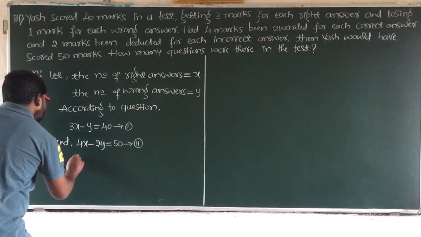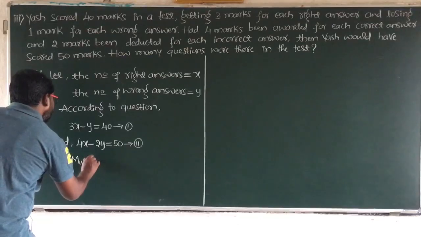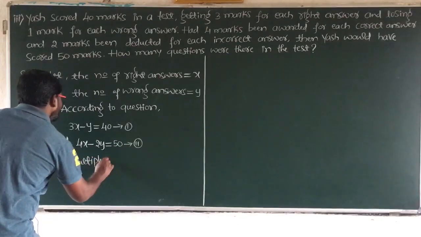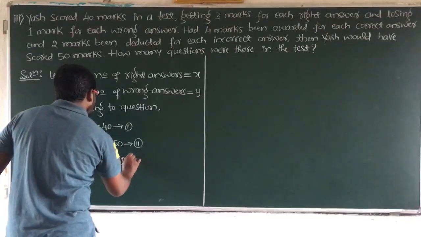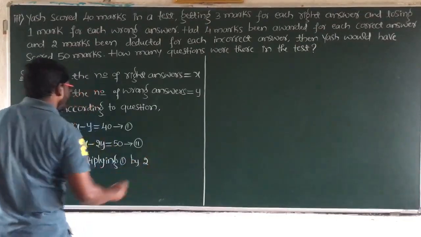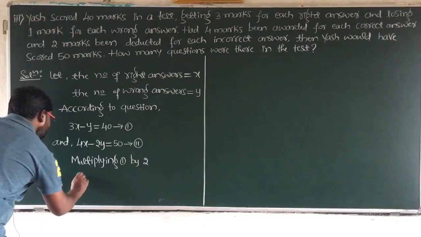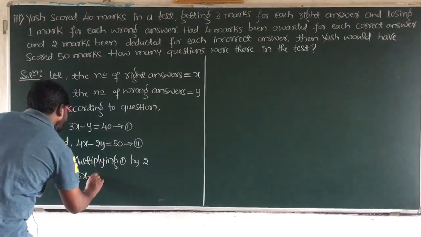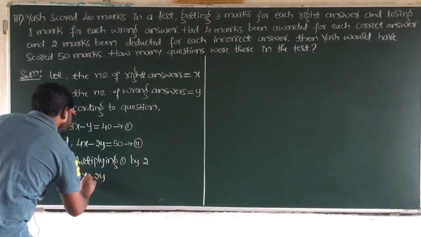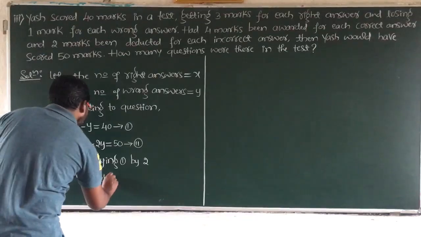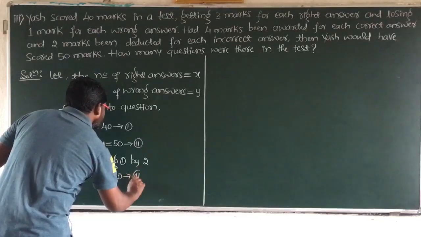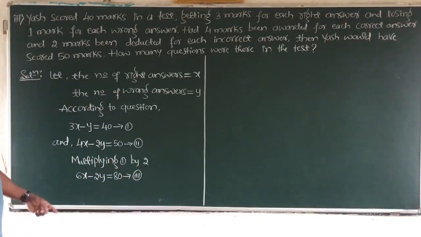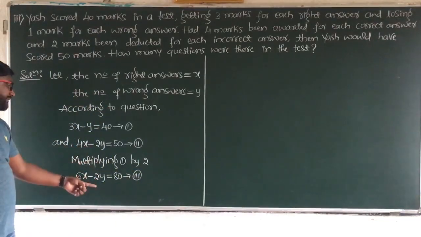Multiplying equation 1 by 2, what do we get now? 6x minus 2y, which is equal to 40 into 2, it is 80. This is our equation number 3.